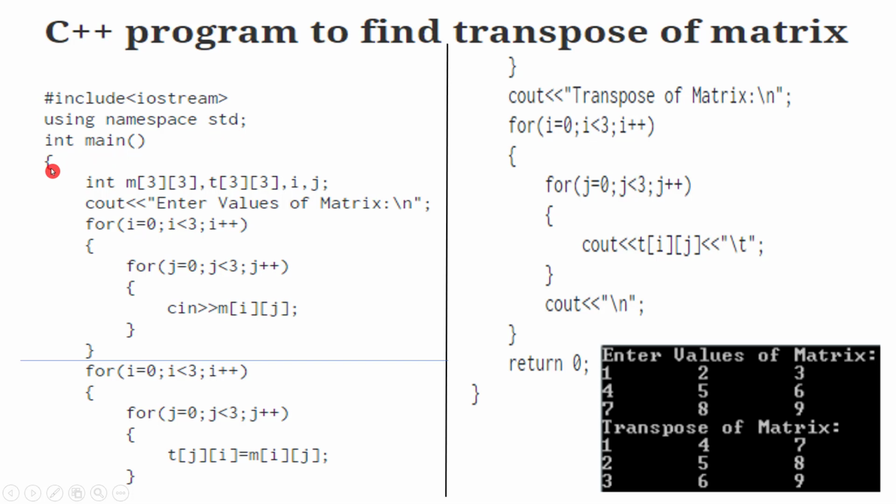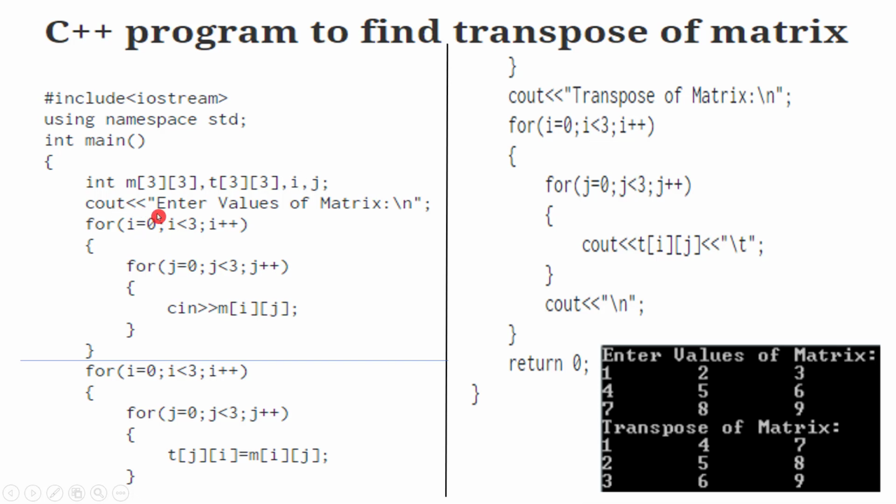Opening the main program, we are defining the integer m[3][3] as the first matrix with three rows and three columns, and we have a transposed matrix defined now, t[3][3], and i and j are the two variables. You need two variables because this is a two-dimensional matrix. If it was a single dimensional matrix, you would need only one variable.